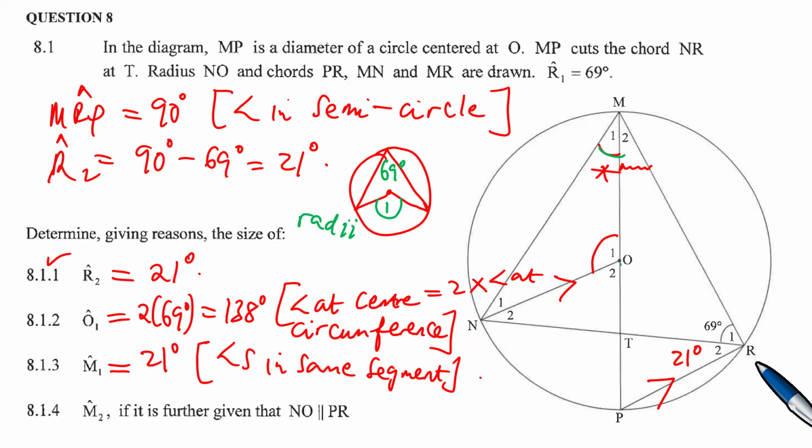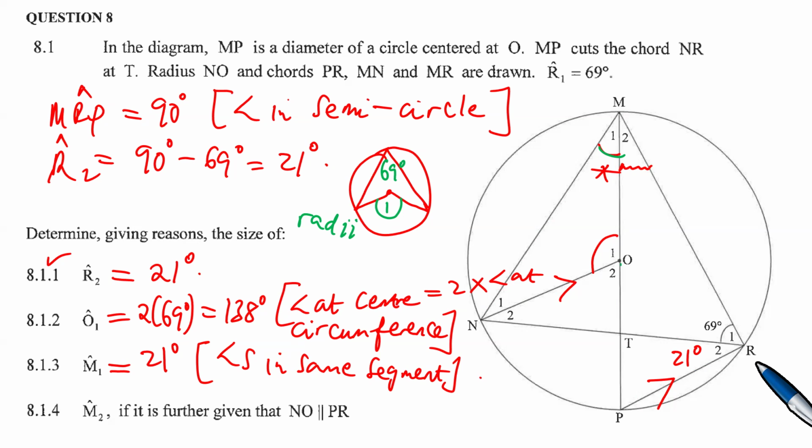I might be wrong, but I think M2 is equal to N2. Okay, that's interesting. You think that M2 is equal to N2? What would the reason be for that?